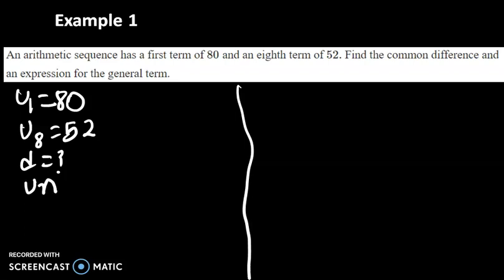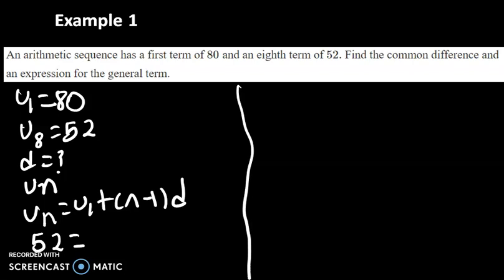In order to do this, the first thing we have to do is write the formula: un equals u1 plus n minus 1 times d. We know the value for u8, so we can simply substitute it here. u1 becomes 80 because it's given to us, plus n is 8, minus 1, that's 7d.